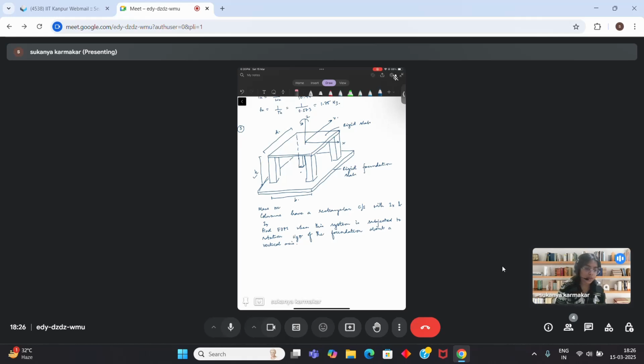You can neglect the mass of the column. So the only mass you have to consider is the mass of the rigid slab.